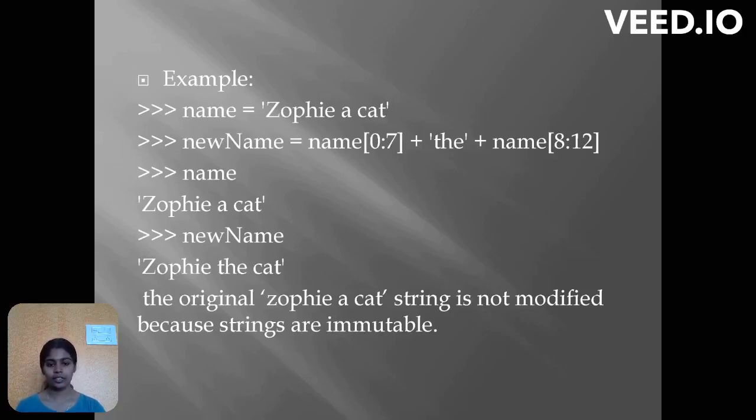After this concatenation, the result is assigned to a new variable, new name. If we print name, we will get "Zophie a cat" as output. Then if we print new name, we will get "Zophie the cat". So the original string, "Zophie a cat", is not modified because strings are immutable, but a new string or new variable is created with the modified string.